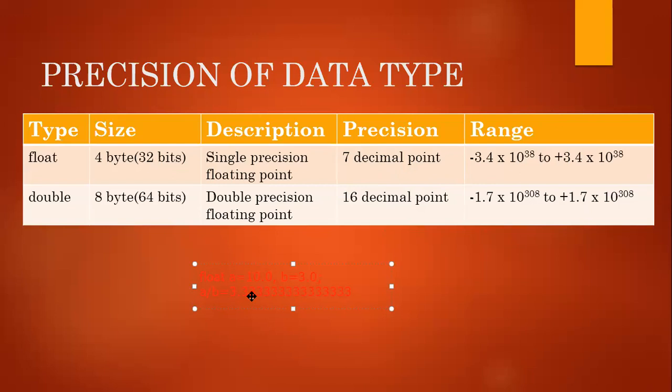So it will give me 3.3333 till 7 digits. And if I use double, that I have used double A and double B, and then I use A divided by B, then my answer will be accurate to 16 decimal places.